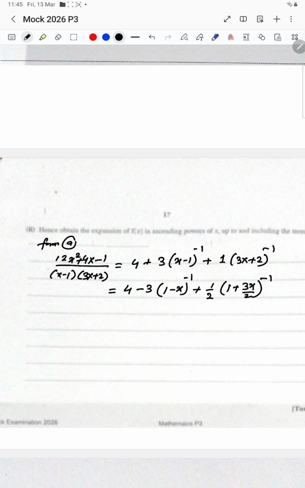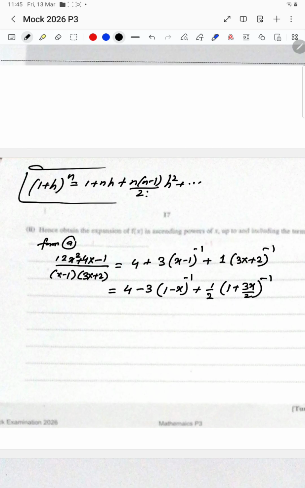Now you know the series formula. Here I'm going to have 1 plus h power n, 1 plus nh plus n minus 1 over 2 factorial h square and so on. As I am restricted to the x square term, I will finish my answer till here. So 4 minus 3 times, it will be 1 plus nh plus n minus 1 over 2 factorial h square.